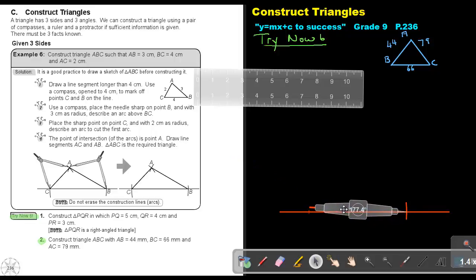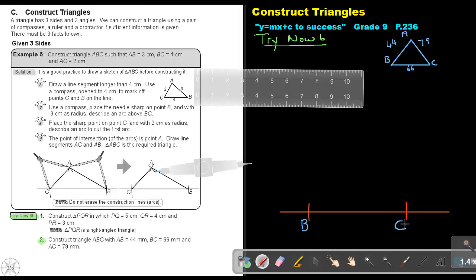We put it on this side, and then just a little bit upper. And this is nice, it's showing you the line. Okay, but yours will not do that. So, okay, this is going to be, and I can write it in now, this is going to be B. And this is going to be C.